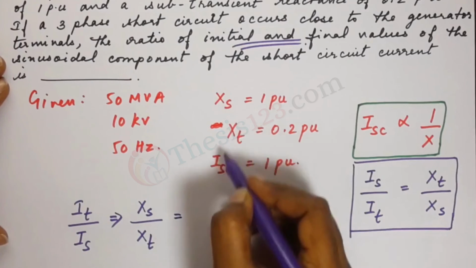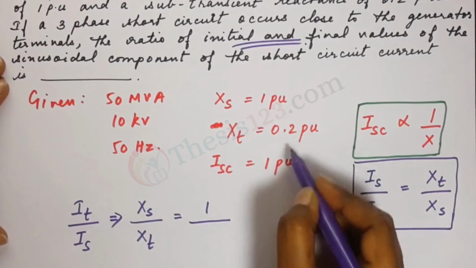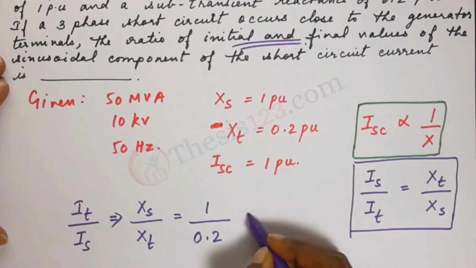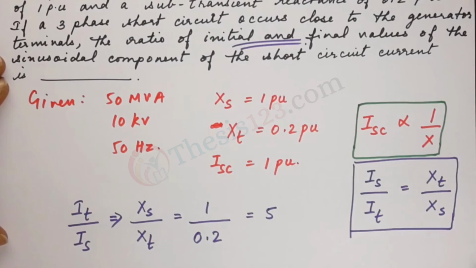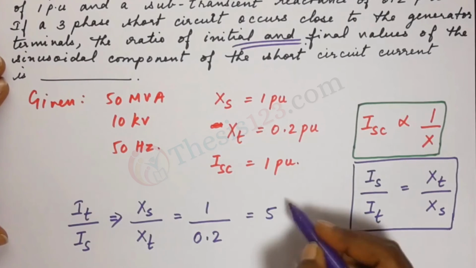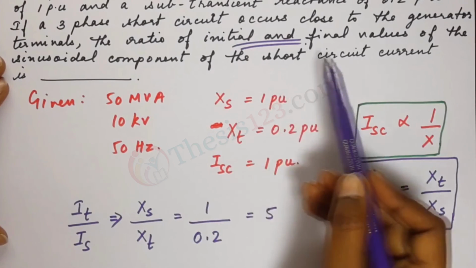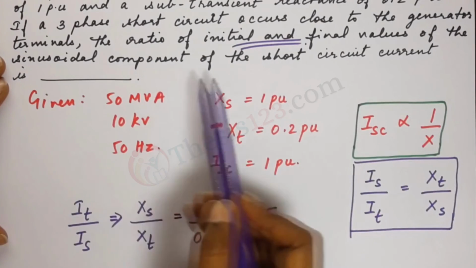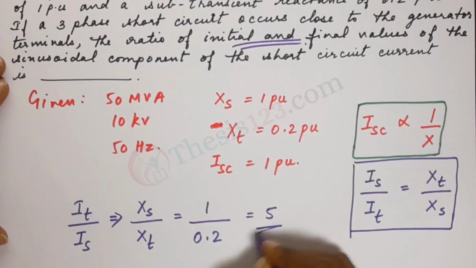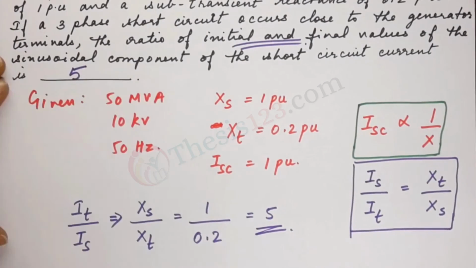We have the value of XS as 1 and the value of XT as 0.2. 1 by 0.2 is 5. So this is the final answer here. The ratio of the initial and final values of the sinusoidal component of the short circuit current is 5. I hope this has helped.